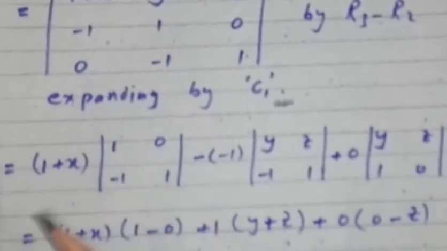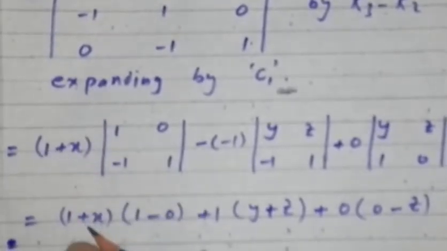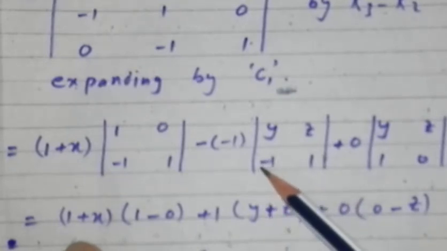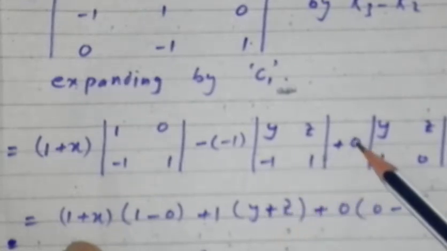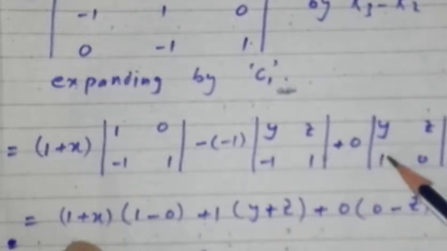Now look, 1 plus x, 1 into 1 we get 1, and minus 1 into 0 we get 0, minus into minus plus 1, y into 1 we get y, and minus 1 into z, minus into minus plus z, and here 0, 0, y into 0 0, and 1 into z we get z.